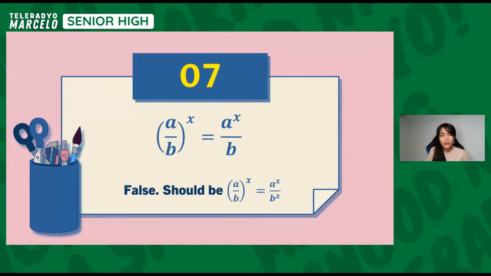Bakit kaya? So as we have mentioned from our previous example, all terms inside the parenthesis will be raised to the exponent outside the parenthesis. So therefore, in this item, we have to distribute x on both the numerator and denominator. That is why it should be a raised to x over b raised to x.